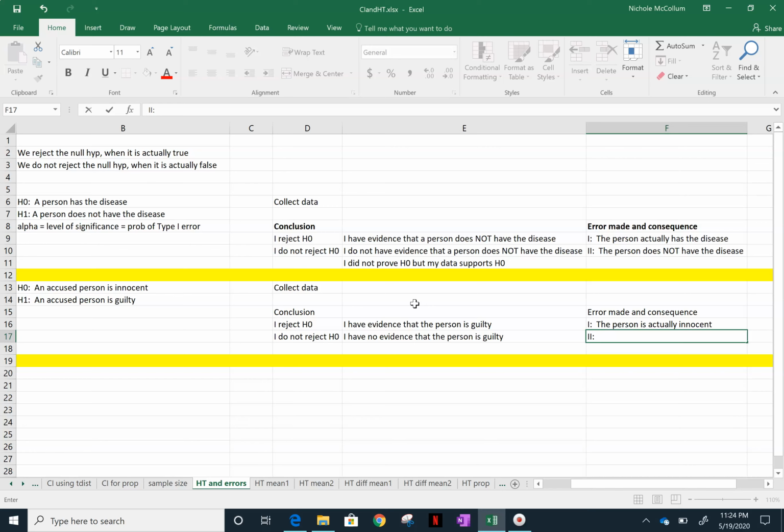So what do we mean by type 2 here? Well, type 2 here is I have no evidence the person is guilty. So what happens to them? They're not guilty, they go free. But in the end, the person is actually guilty. And that's bad too. I mean, sending a guilty person out with freedoms intact is not a good thing. But I stand true to my moral compass, I guess. I really don't want an innocent person in jail.